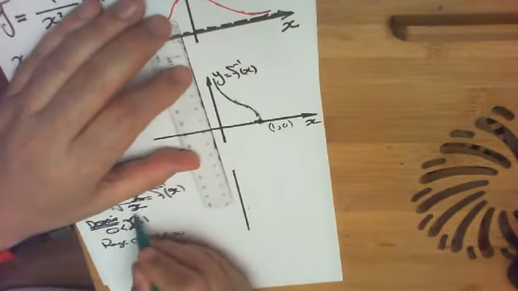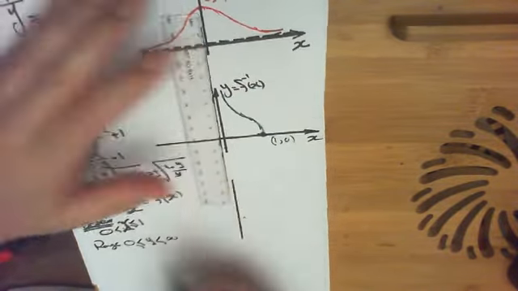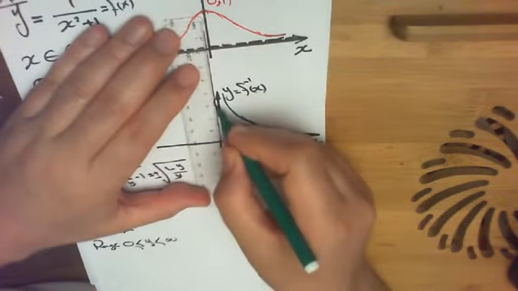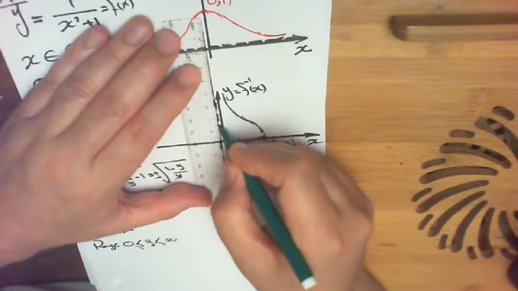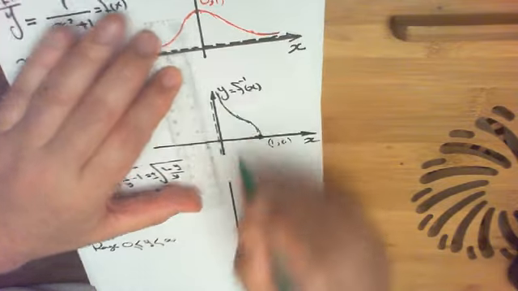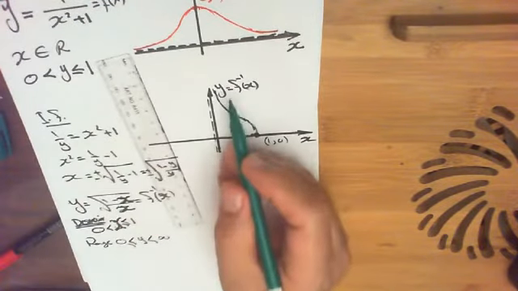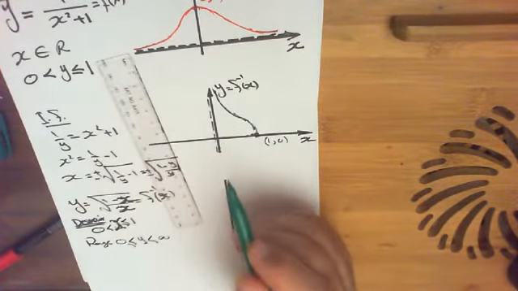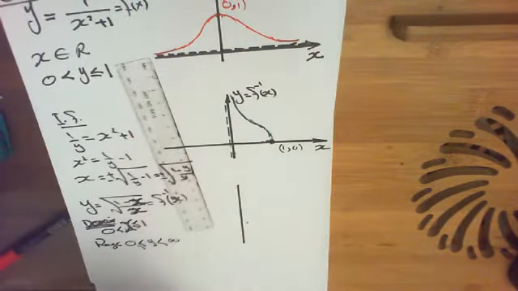And x equals 0 is a vertical asymptote. x equals 0 is a vertical asymptote. The horizontal asymptote is transformed to a vertical asymptote. Why? Every value is reversed to the other.